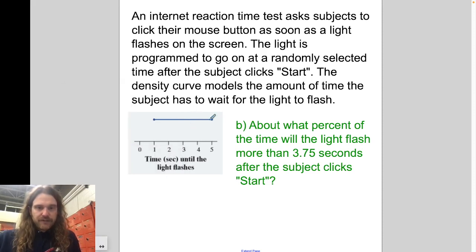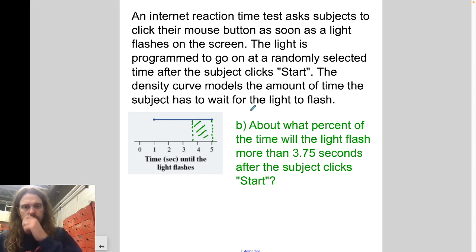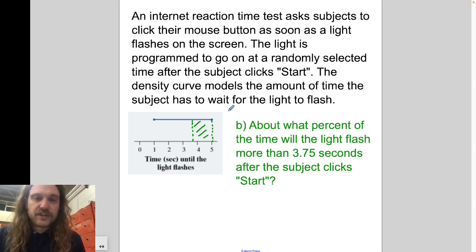We can answer this by taking the area under the curve. So here's 3.5, here's 3.75. So we're looking at from here to here. What percentage of the time will the light flash more than 3.75 seconds?